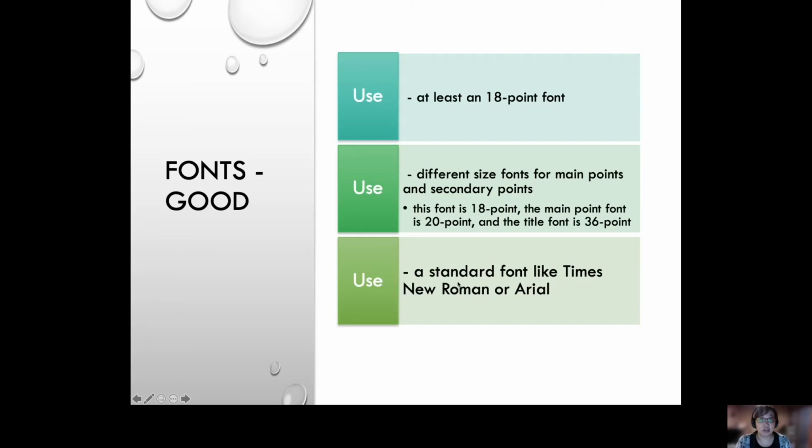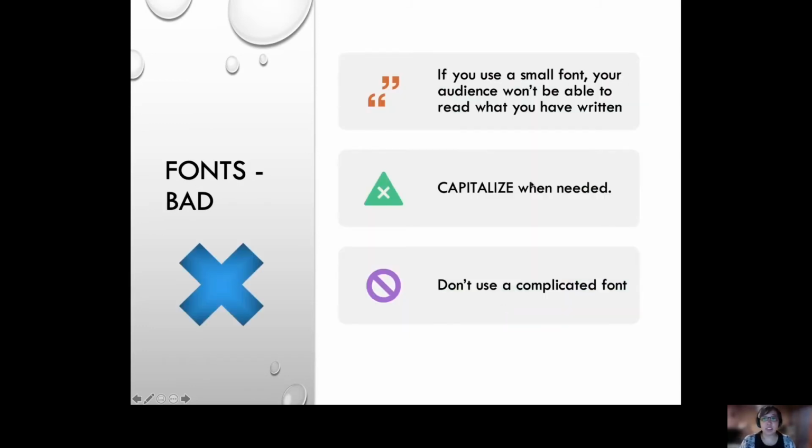This is Arial. I like Arial, although Times New Roman is also pretty good. But of course, this is an example of bad, well, you can't use fonts that are too small, okay? You should remember to capitalize when needed and avoid using complicated fonts. Okay, complicated fonts are fonts that are hard to read.